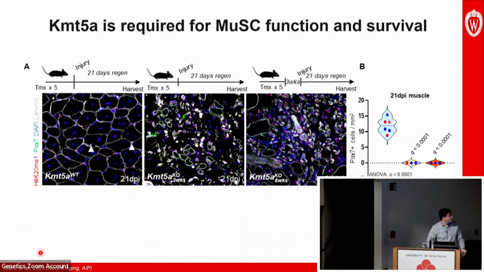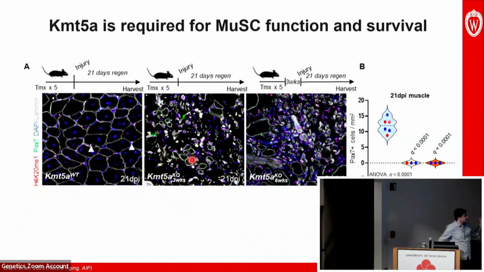Again, same thing. We did the injury this time in the wild type and the knockout, 3 weeks or 6 weeks post tamoxifen injection. And if that's not clear for you, what you can see in the wild type is a very well regenerated muscle, where you can actually see, again, some stem cells, which is encouraging, right? You do want your pool of stem cells to go back after regeneration.